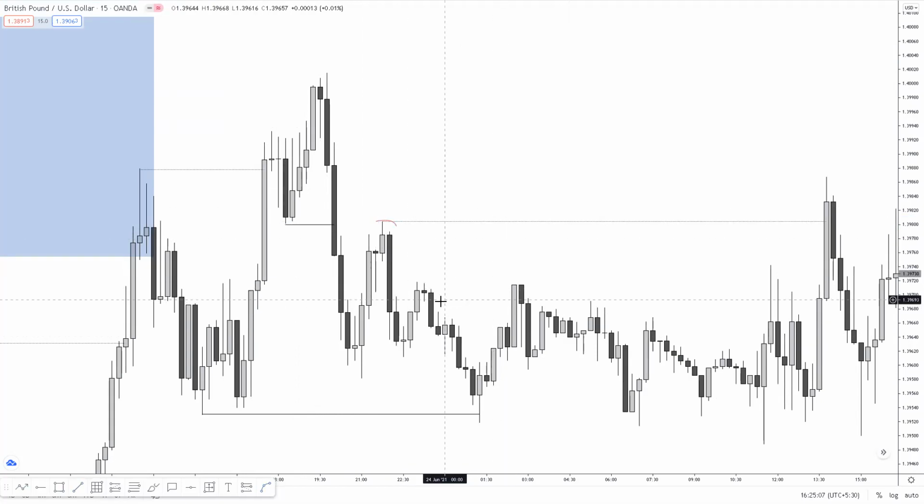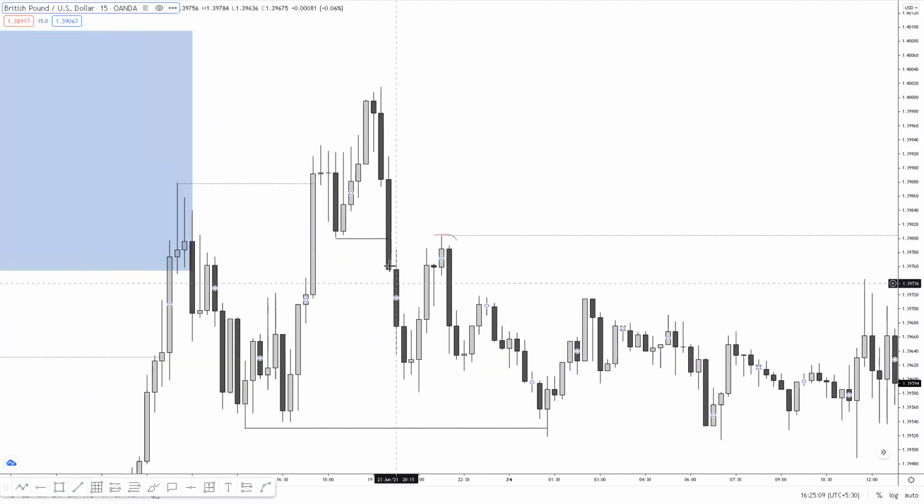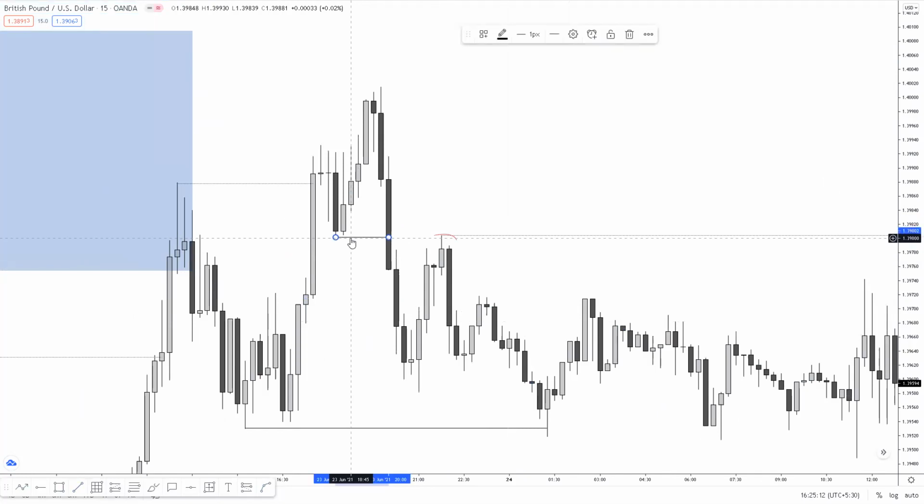On the 1 minute, you see this major break of structure right here. On the 1 minute there was an order block. Within this whole push down range there will be a lot of order blocks all over the place.